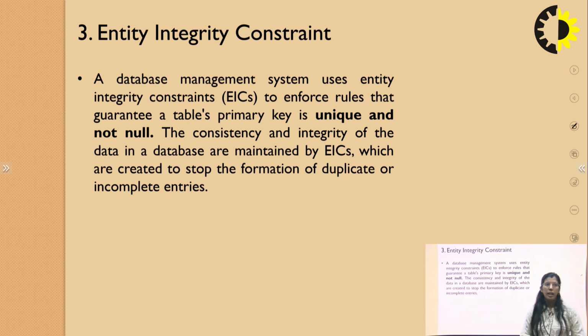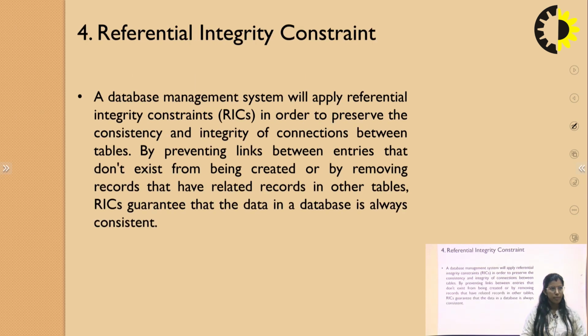Next constraint is the entity integrity constraint. A DBMS uses this constraint to enforce the rule that guarantees a table's primary key is unique and not null. The consistency and integrity of data in the database is maintained using this constraint, which is created to stop duplicacy and incomplete entries.